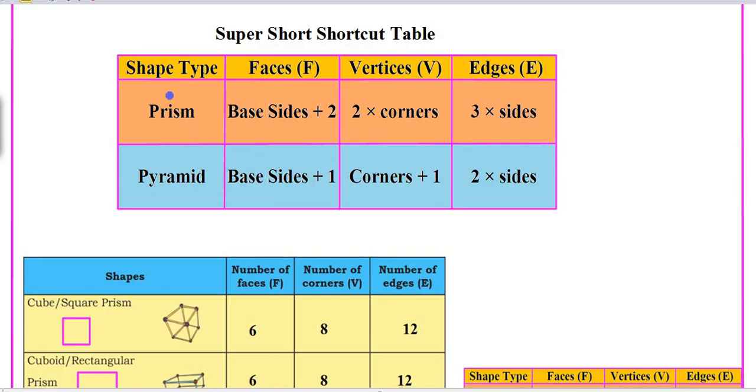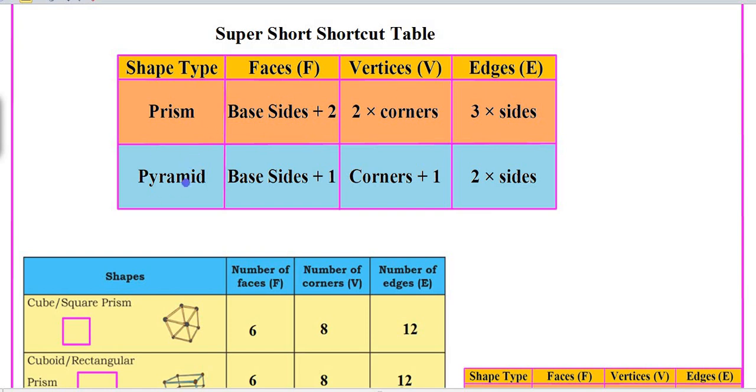For the vertices, 2 into the corners; a corner is nothing but a vertex point. And edges: 3 into the sides. In the base, how many sides? Multiply by 3 and we get the edges.